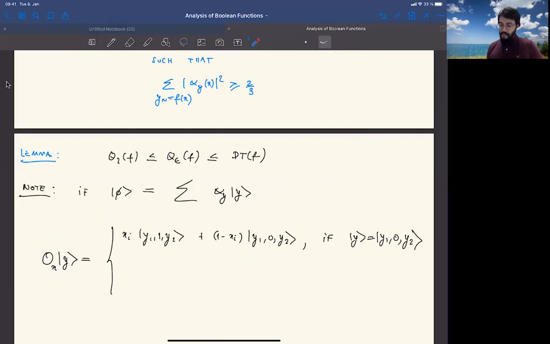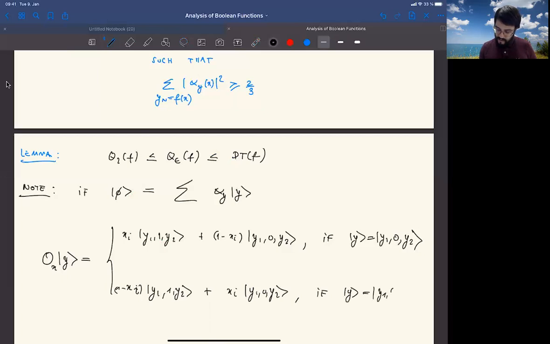If the bit in the middle is 0, then I'm going to apply an exclusive OR. So if xi is 1, this is going to be the state, and if xi is 0, this is going to be the state. And similarly, this would be 1 minus xi, y1, 1, y2, plus xi, y1, 0, y2. And this is if you can split y with a 1 bit in the middle.